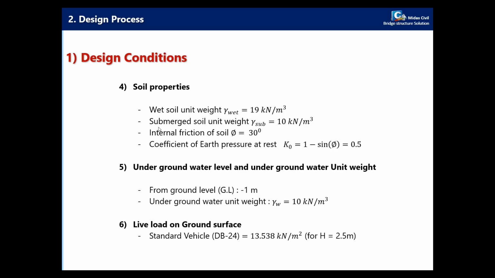After using the internal friction of soil, you can replace it with its value here in sin phi, then you will get 0.5. Then the underground water level is took at -1 meter, and the underground water unit weight is 10 kilonewton per cubic meter.